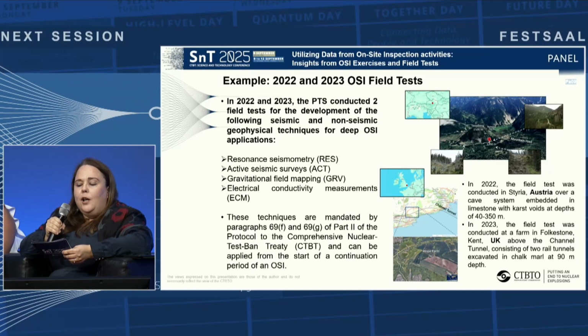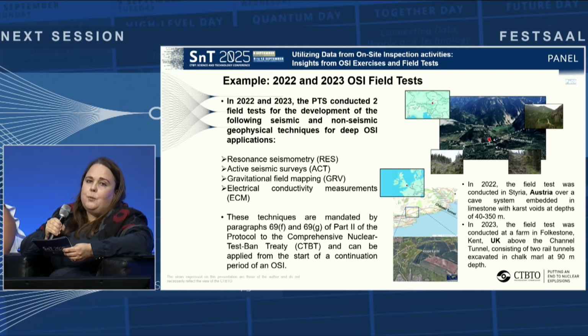In 22 and 23, the PTS conducted 2 field tests for the development of some paragraph 69 seismic and non-seismic geophysical techniques: resonance seismometry, active seismic surveys, gravitational field mapping, and electrical conductivity measurements. In 2022, the field test was conducted in Austria in a challenging mountainous environment over a cave system.